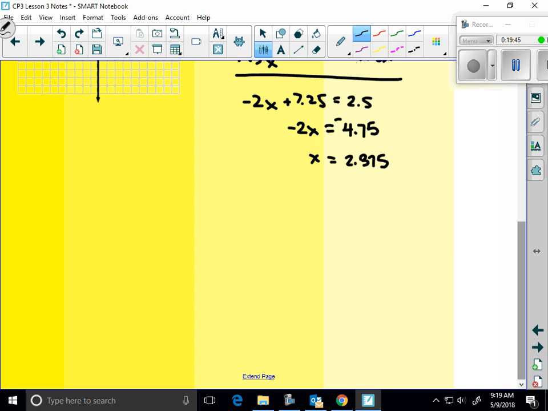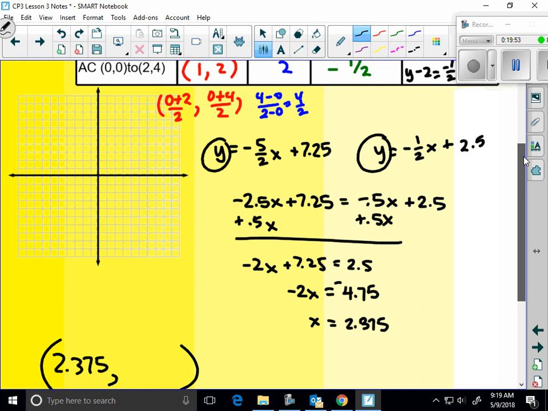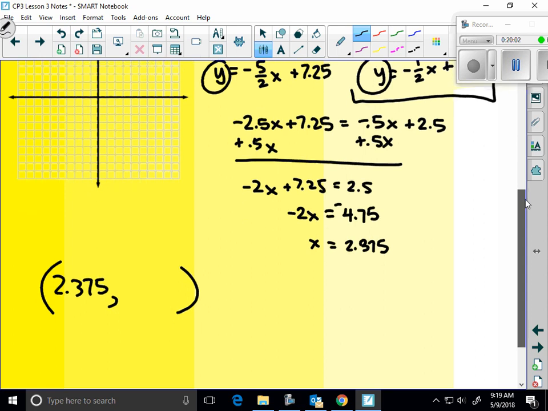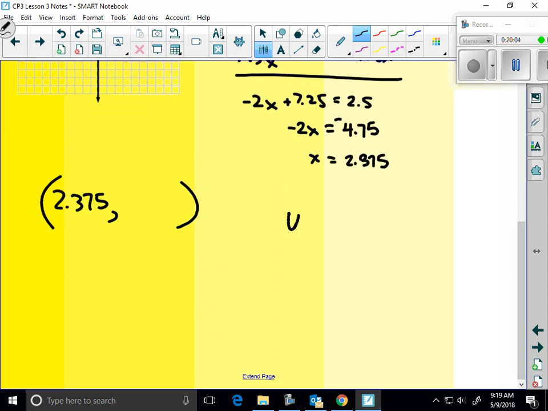Okay, so I've found half of the coordinate. It's 2.375. What I'm going to do is plug that back into one of these two. I'm going to use this one right here. So y equals negative 1/2 x plus 2.5. I might need my calculator on this one, because these numbers are about to get uglier much quicker.